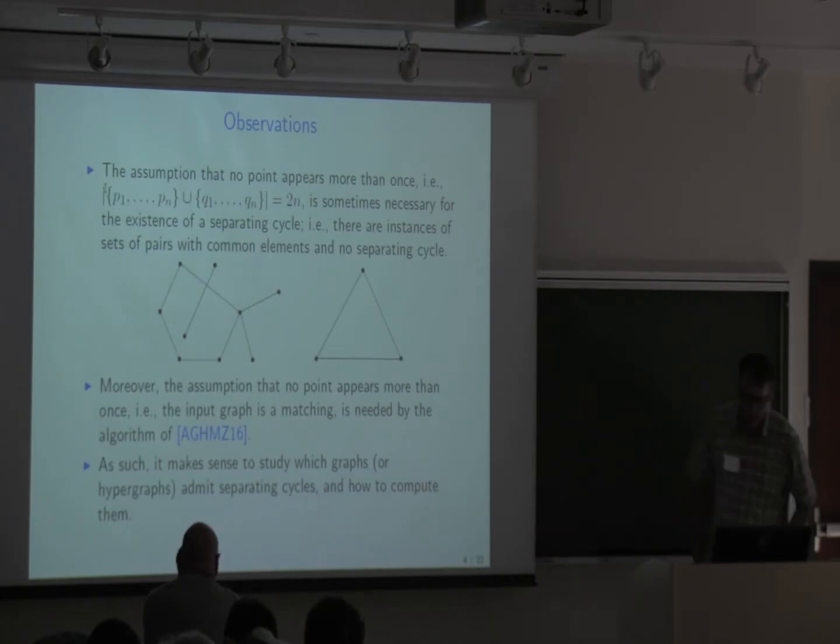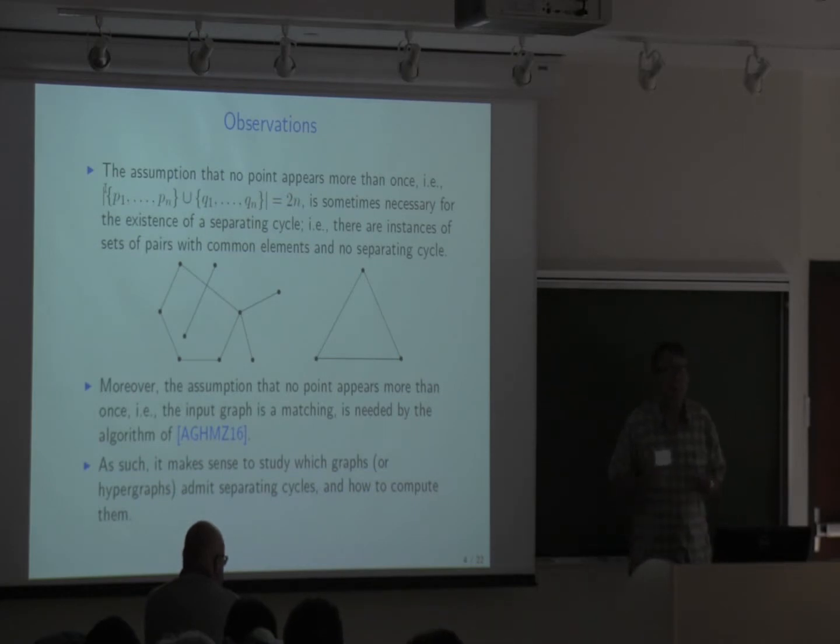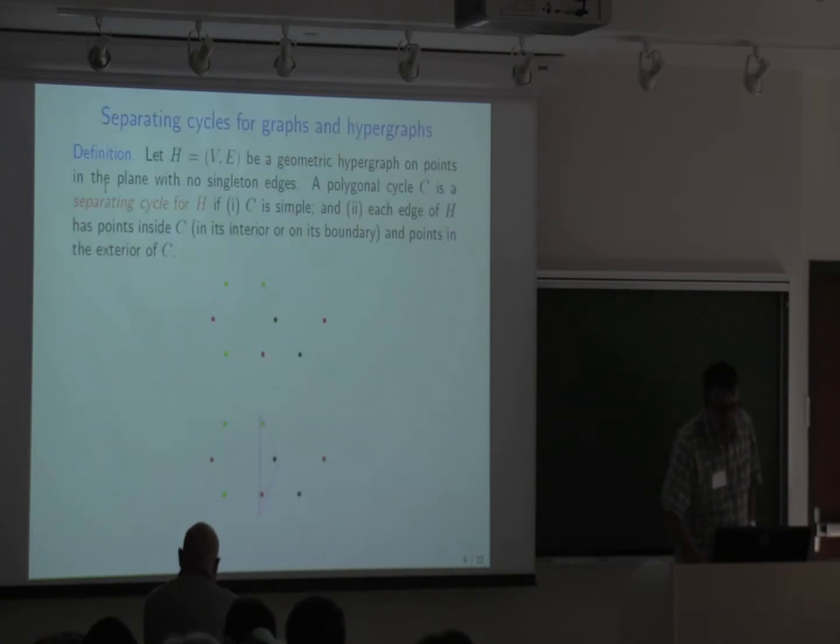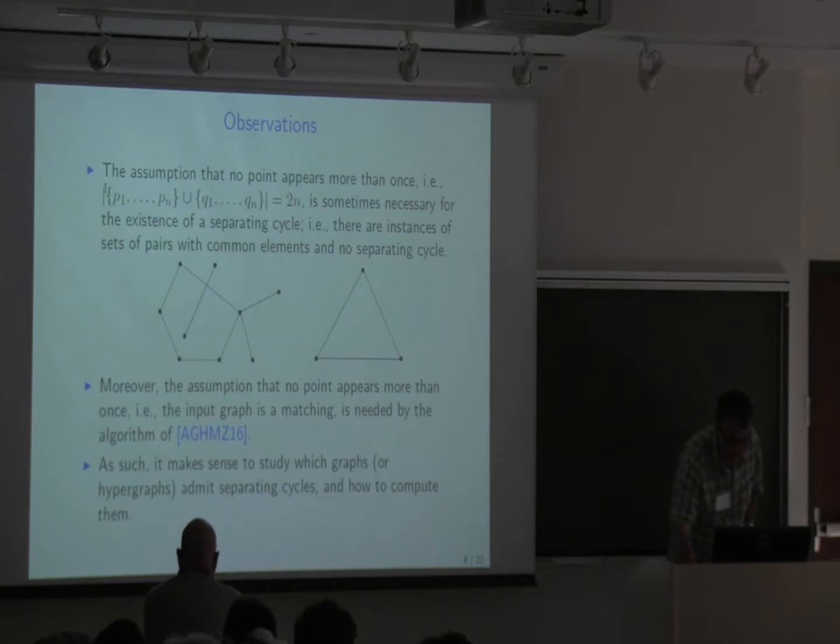Then, of course, one would look at their algorithm. I tried to generalize this to graphs and hypergraphs. It's very, very natural. Then, if one looks at their algorithm, it won't extend, we'll see.